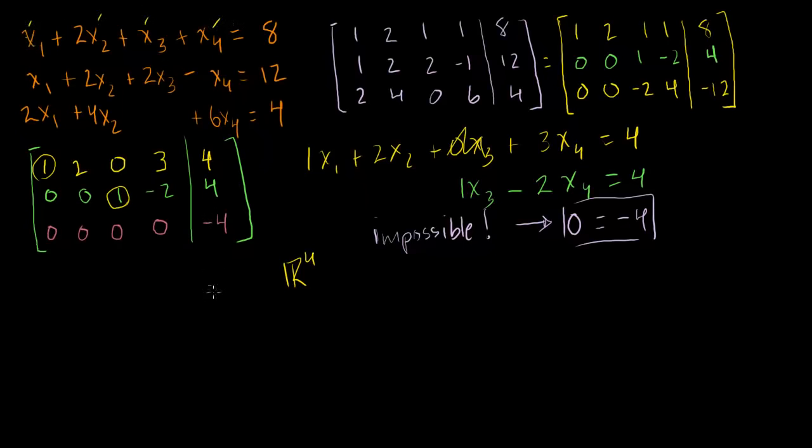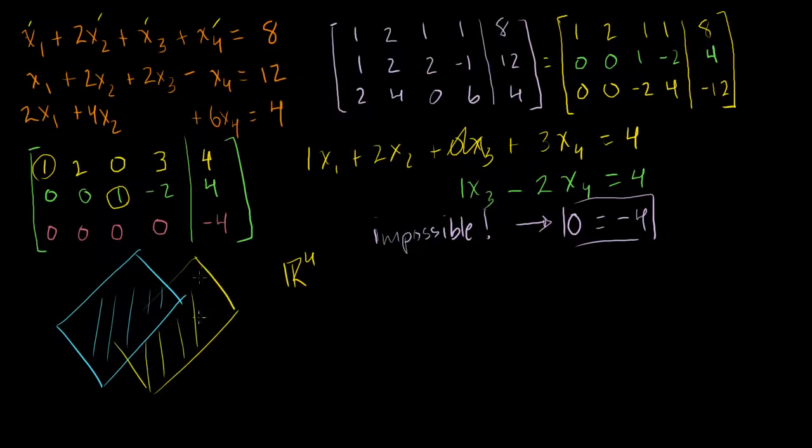It's always hard to visualize things in R4, but if we were doing things in R3, we can imagine a situation where we had 2 planes in R3. So that's one plane right there. And then I had another completely parallel plane to that first one. Let me give an example.